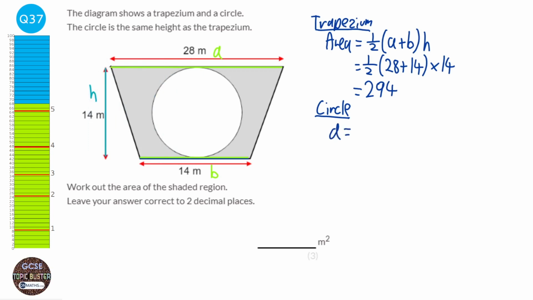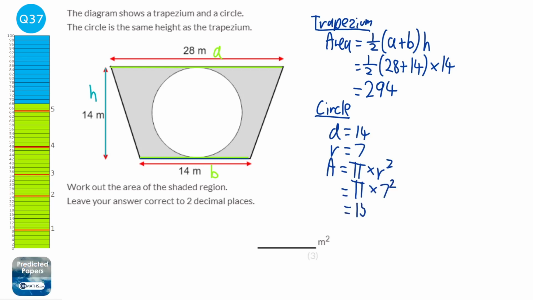So the diameter of the circle is 14, therefore the radius would be half of that, which is 7, and the area of a circle is pi times the radius squared. So it would be pi times 7 squared, which will be 153.938 blah blah blah. Now keep that in my calculator, because next thing we'll do is the shaded area part.